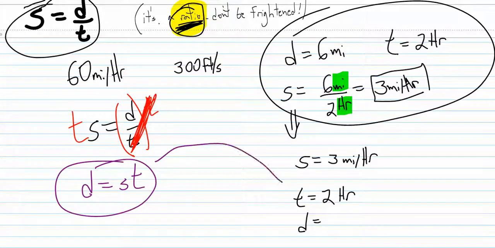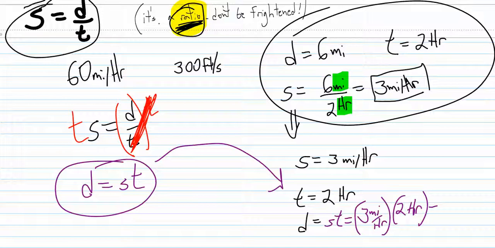So now let's apply that to our problem over here. Distance is speed times time. And we've got 3 miles per hour times 2 hours. So now we can look at this and say, okay, we've got hours by itself and hours on the bottom. What does that mean?